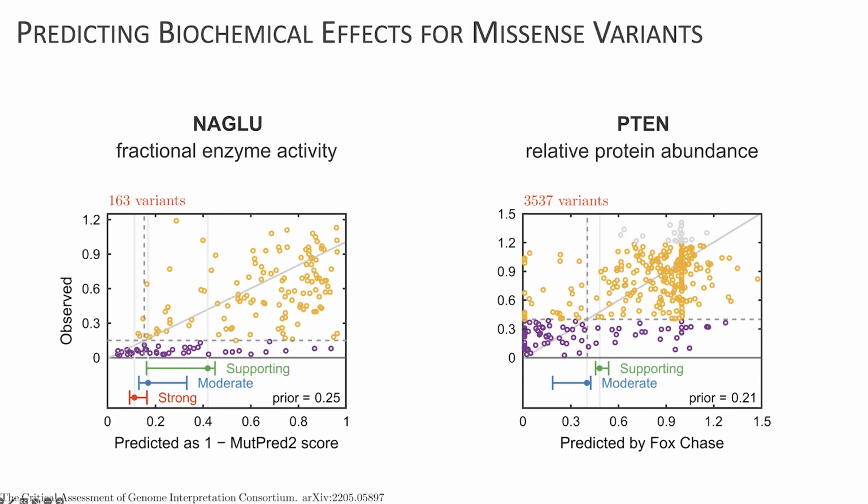If you look at this lower left-hand corner, these are the predictions where the method predicts roughly 0% enzymatic activity, and the true values are also around 0. So in this one corner, the prediction method is really, really good. Similar can be said for the FoxChase algorithm here on the P10 challenge, but as you can see, there's a little bit more scatter here, and this method in this case achieves only supporting and moderate evidence.